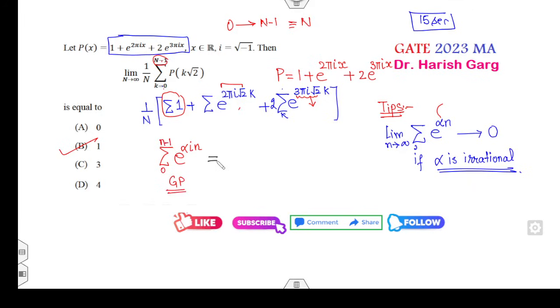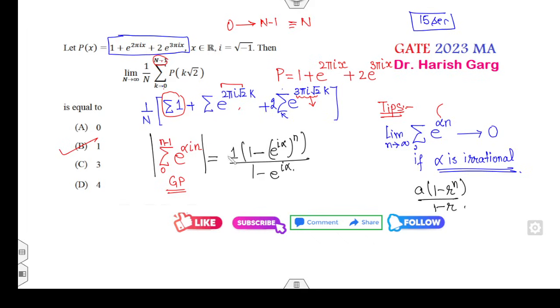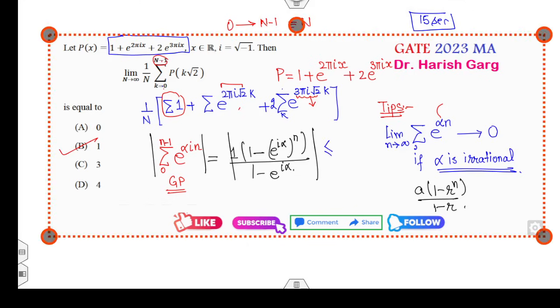So once it is a GP, you can start with the first term over 1 minus r, common ratio is e raised to power iota alpha, divided by 1 minus r. What is the formula for the sum of the GP? Fine. Now I can start with the modulus, because it's iota, it will always be less than or equal to, let me clear this.